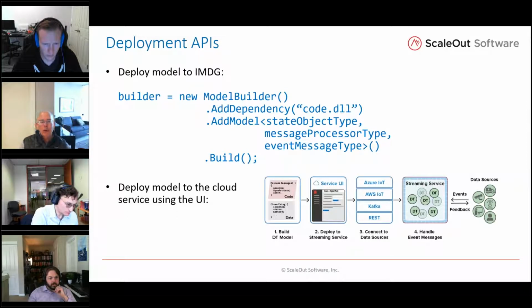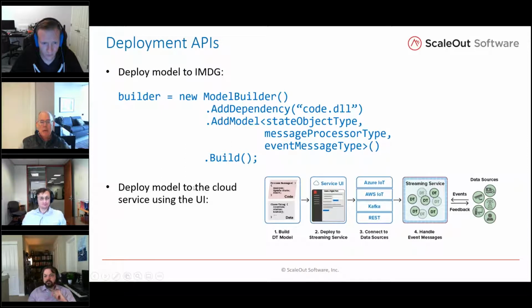When deploying on premises, we have APIs that are described in our documentation, and these are the same APIs that are used for deployment in a mock environment that allow you to simply specify the model and say build, and it gets deployed to the grid.